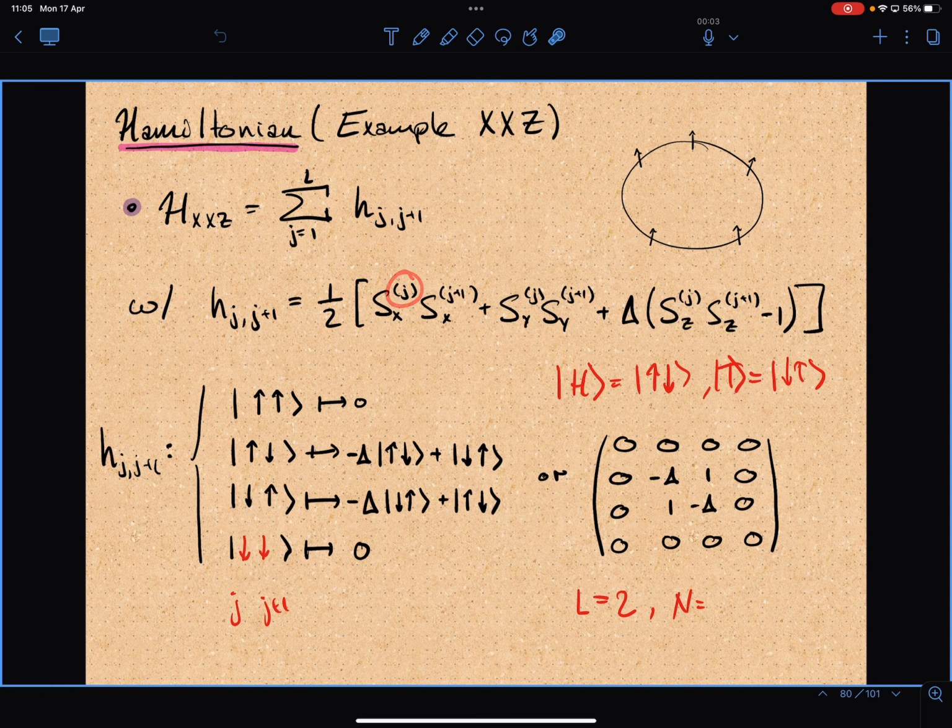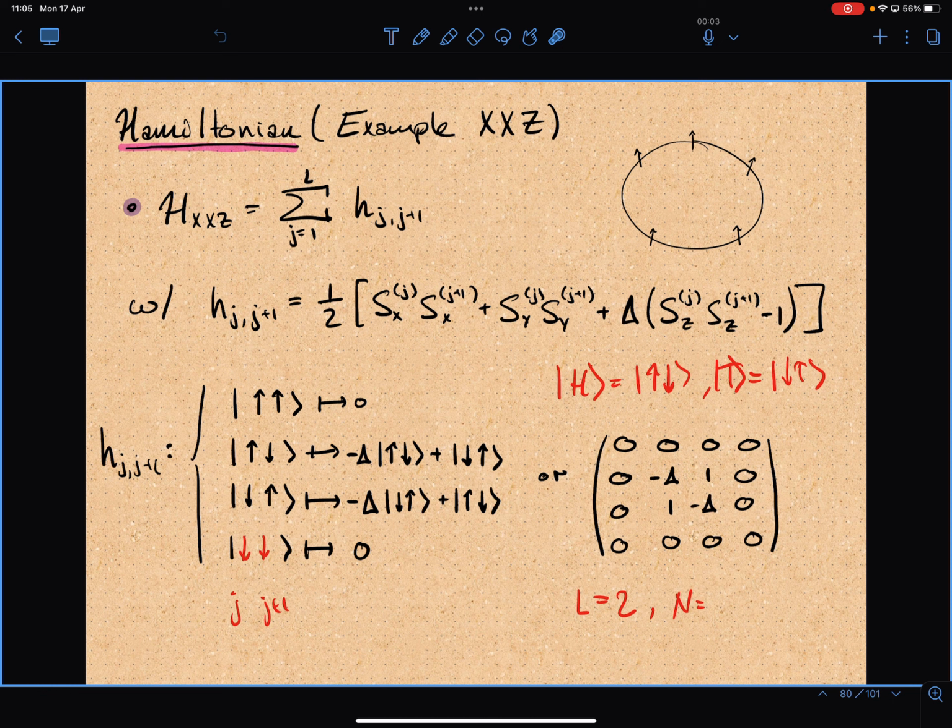The superscript indicates that it's acting on the J copy of the tensor product, and this one on the J plus 1. So this is going to be acting on neighboring particles. And this is the spin operator in the X direction, the spin operator in the Y direction, and the spin operator in the Z direction. So these are going to be the local interactions.